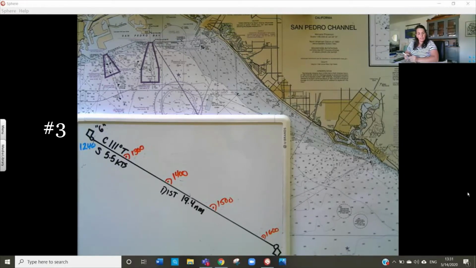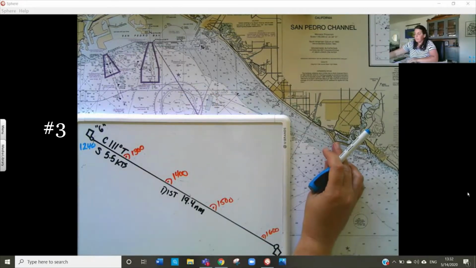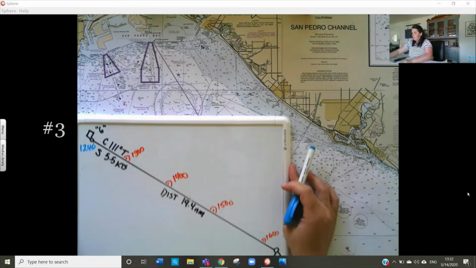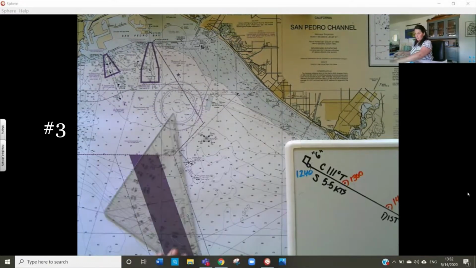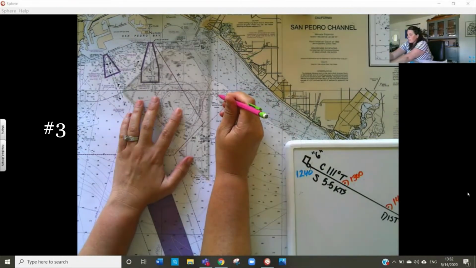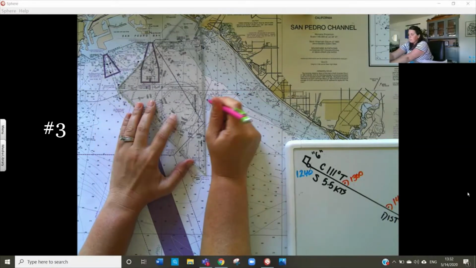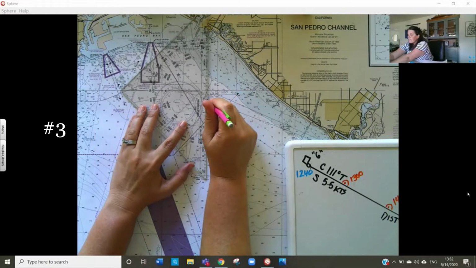It says to plot your DRs and label, which we've done. And then it asked us what is the position of our 1400 DR. So it was right next to that fishing haven. But to get, so I'll use the triangle. We want to get from our 1400 position, our DR position, the latitude and longitude.